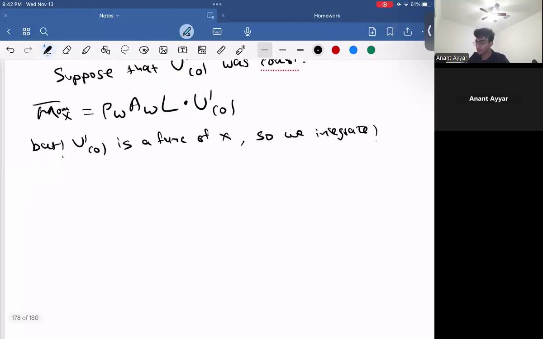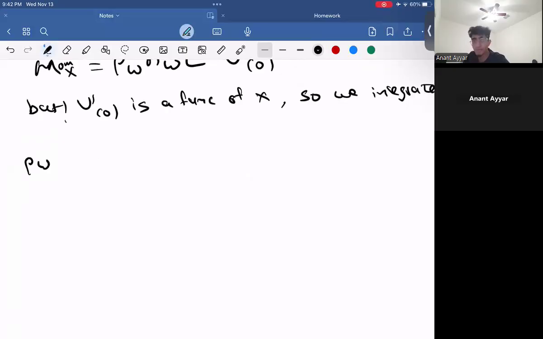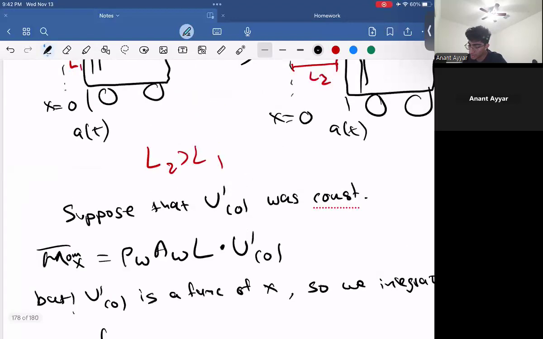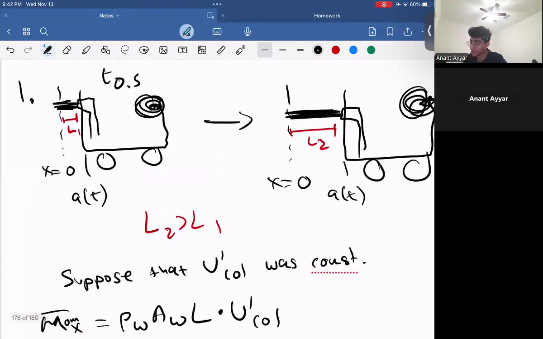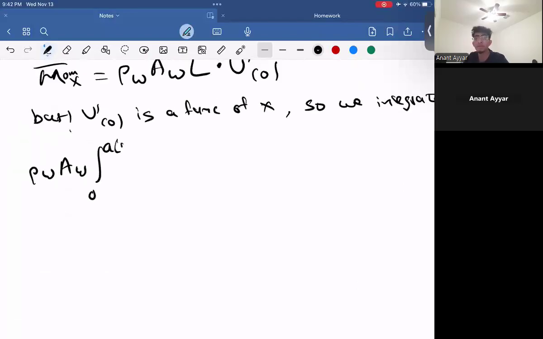So what does that look like? And that'll look like what you see in the solutions, where you have rho w, a_w from 0, from the left side of the domain all the way to the start of the cart, because that's how big the column of water is. So AFT of the velocity of the column of water at x of t prime.